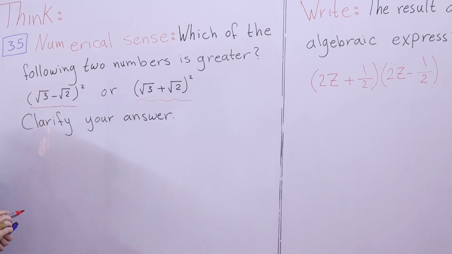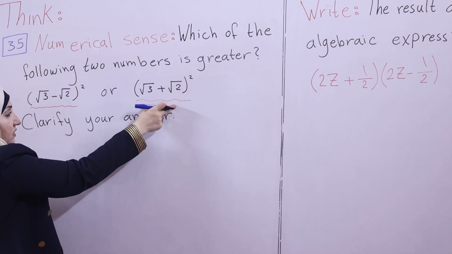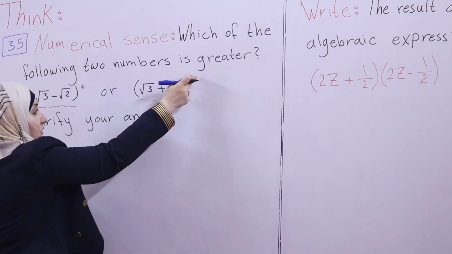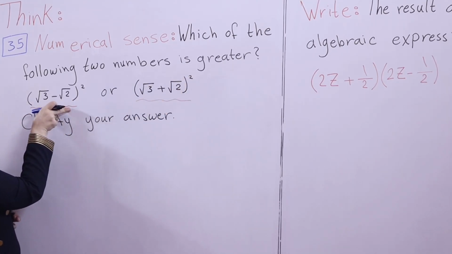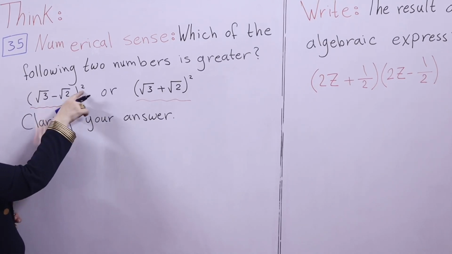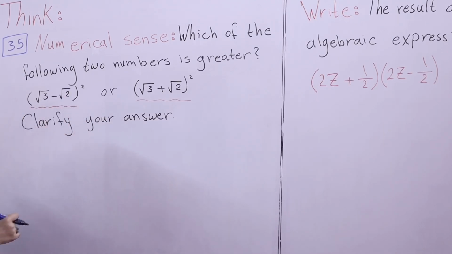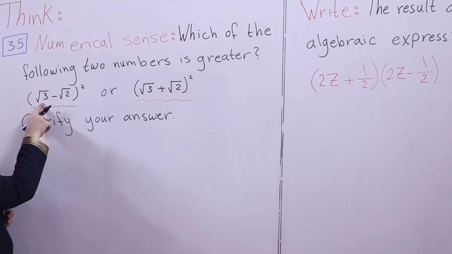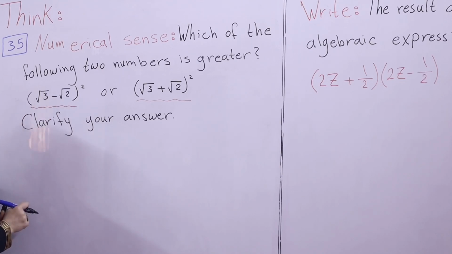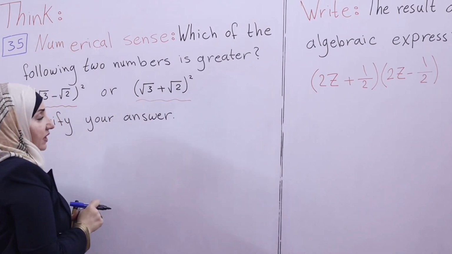So it is clear that the adding of two constant numbers squared is greater than the subtracting of the same two numbers squared. But we can prove it by replacing the values of square root of 3 and square root of 2, and we find the result.